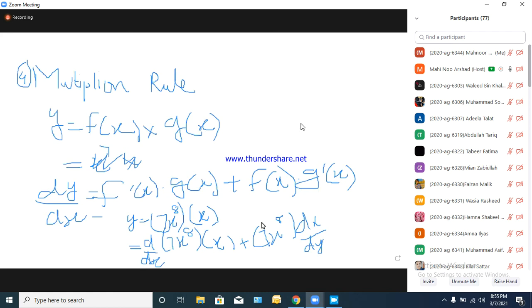Is that clear? Its derivative will be 56x raised to the power 7 into x, and then after solving you will simplify them. Okay, is that clear, students?